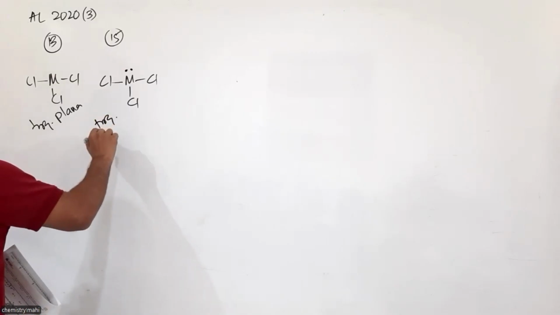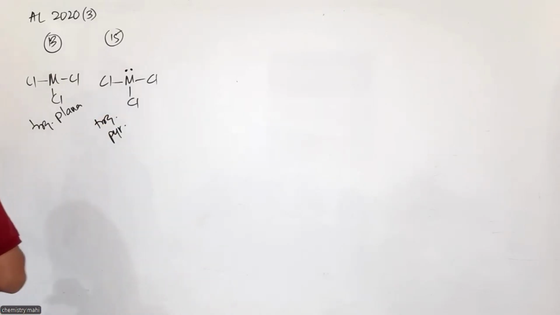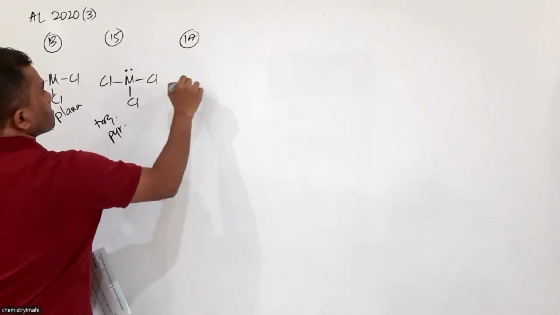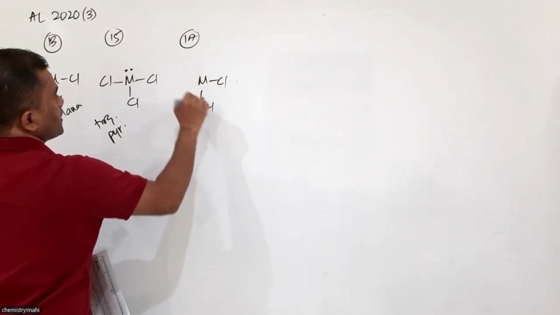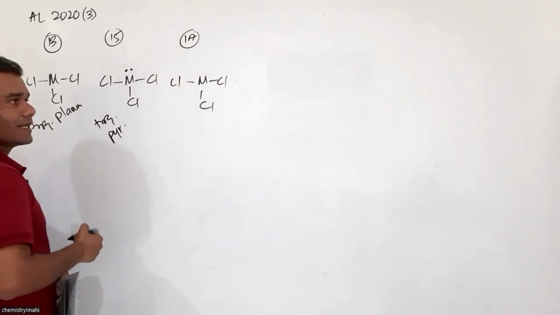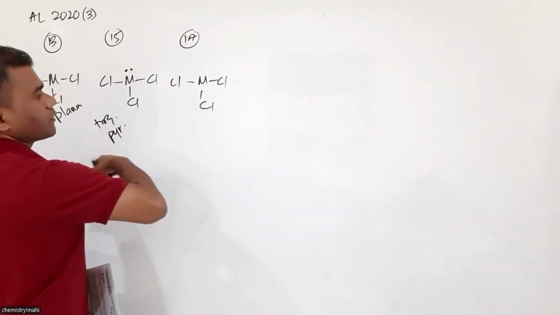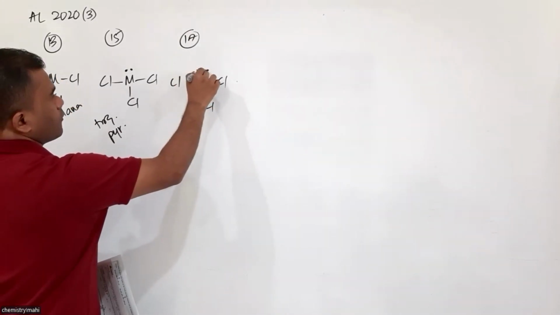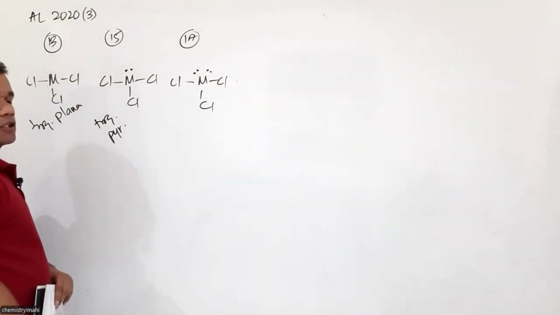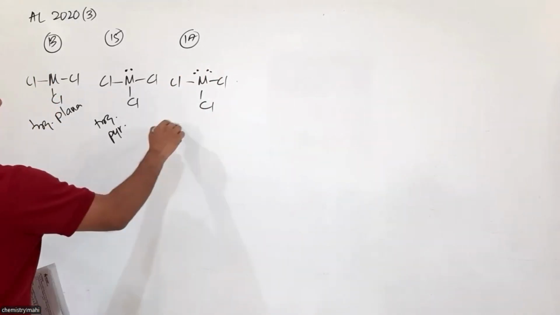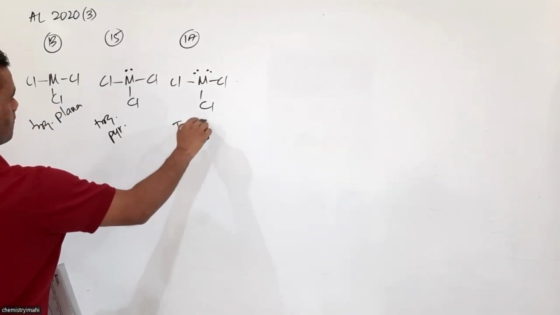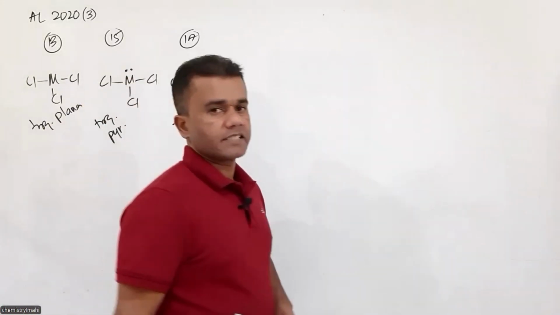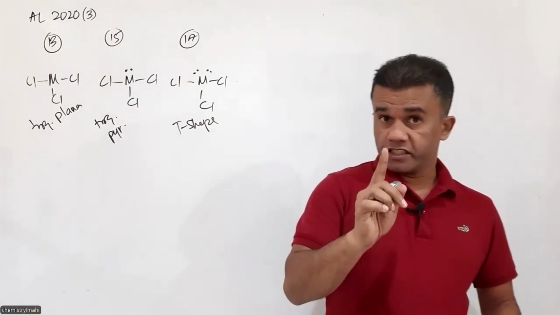What is this? Trigonal pyramid. But if it is group 17, it can make the formula MCl3 like this. When it's group 17, there are 7 electrons, 3 used in bonds, so there should be 4 more: 3 bonded pairs, 2 lone pairs. 3 and 2, it is T-shaped. Got it? Trigonal planar, trigonal pyramid, T-shape. Those are the shape possibilities.